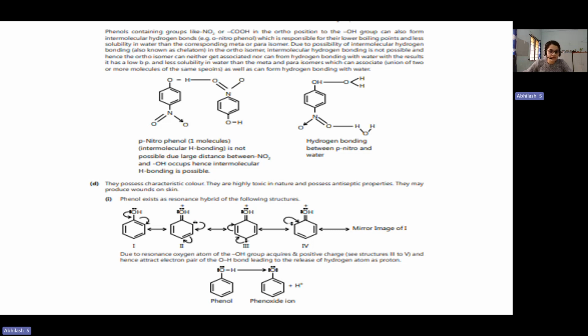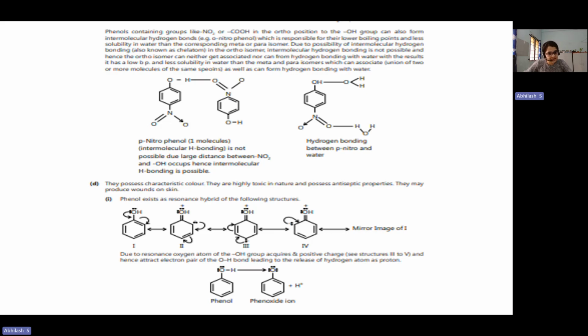When this lone pair of electrons is delocalized into the benzene ring, there is a shifting of one of the bonds from the benzene ring to the adjacent carbon, because carbon has a valency of 4. It cannot hold more than 4 bonds. So the bond shifts to the adjacent carbon. This takes place in a cyclic manner.